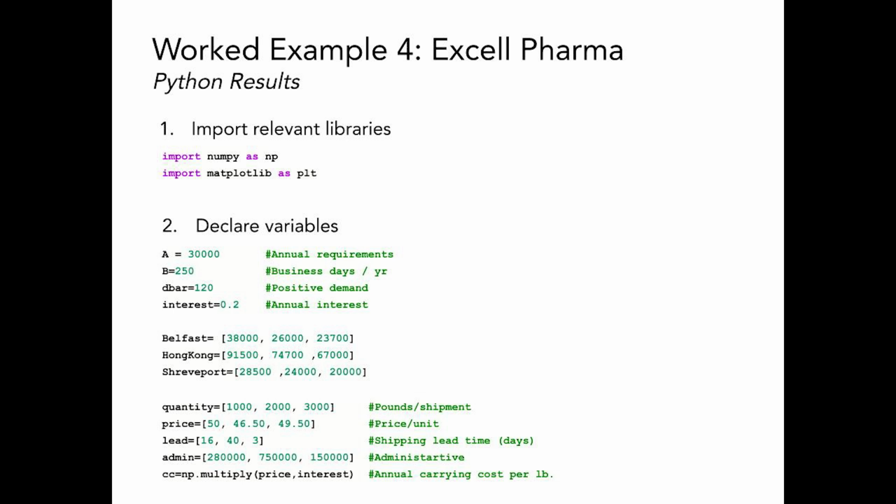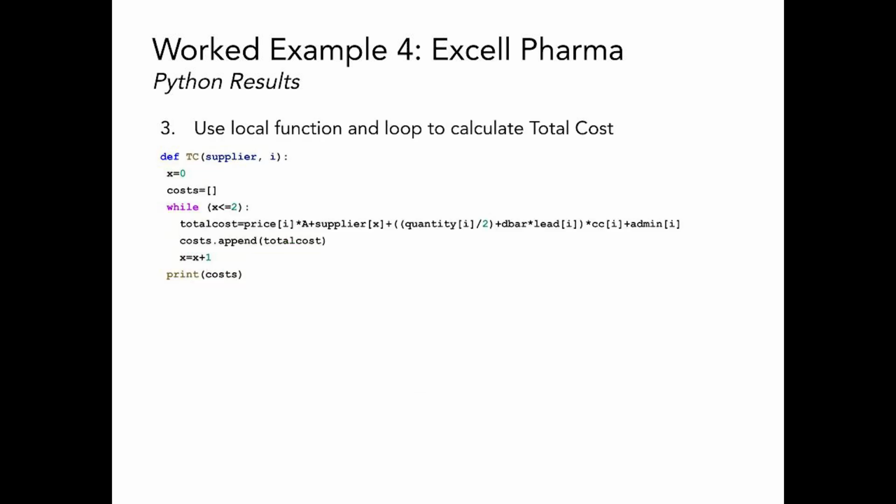In our journey to optimize supplier selection through total cost analysis, we now leverage Python's powerful programming capabilities. Python allows us to automate complex calculations, ensuring both accuracy and efficiency in our analysis. For the Excel Pharma scenario, we'll create a custom function to calculate total costs, taking into account various factors such as supplier freight costs and order quantities.